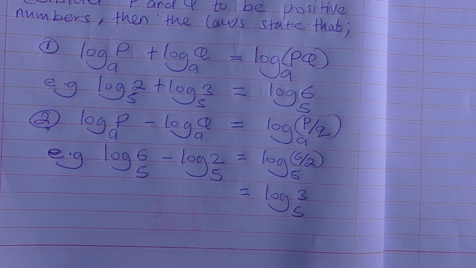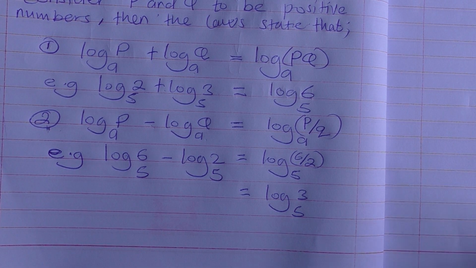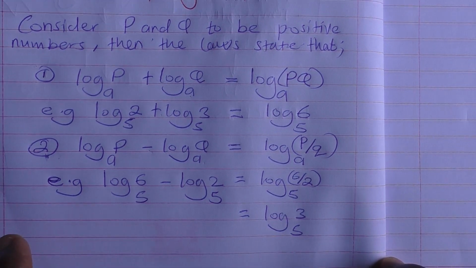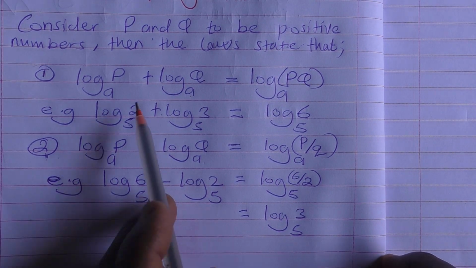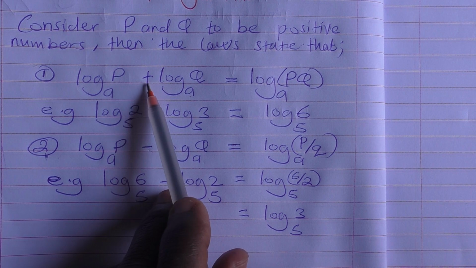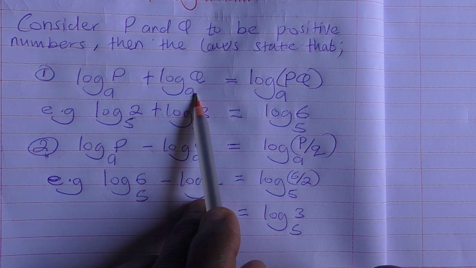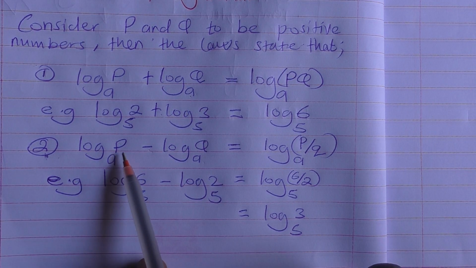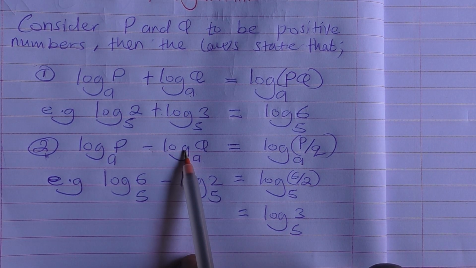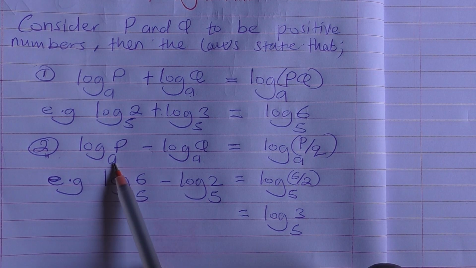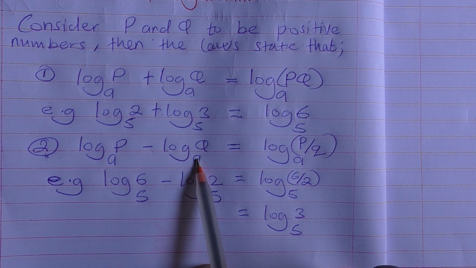So that is our second law. We've seen how we deal with addition of logarithms considering the same bases, how we deal with subtraction of logarithms when given the same bases.